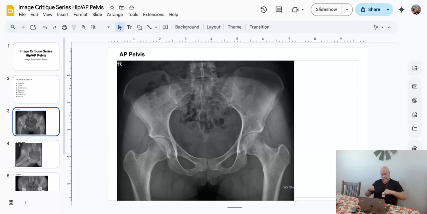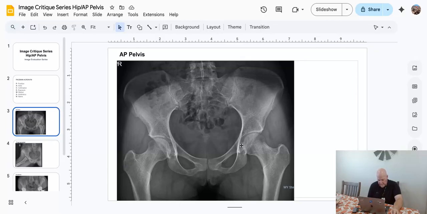Okay, that's going to kick these greater trochanters out and lets the provider or the radiologist see those in profile. Okay, now if you're properly kicked out, your lesser trochanters right here are going to be superimposed by the superior femur. Okay. Now, rotation wise, you want to look at the obturator foramen, which are these two holes right here.